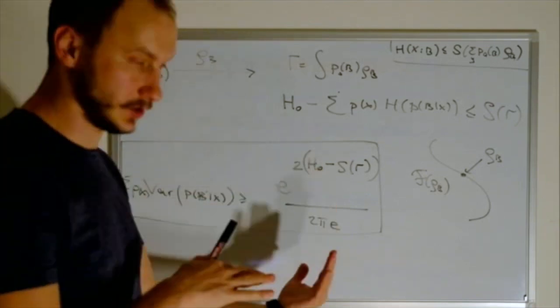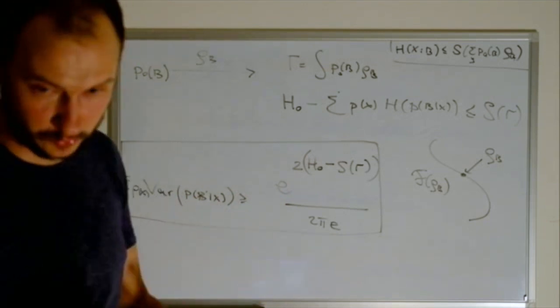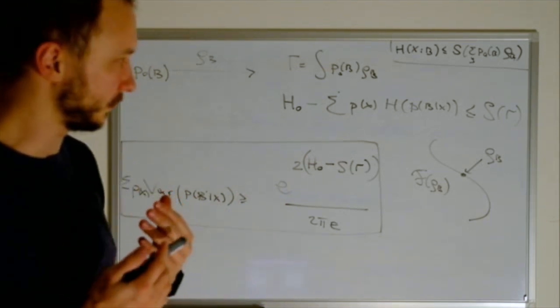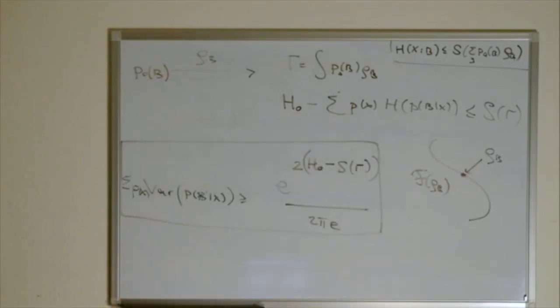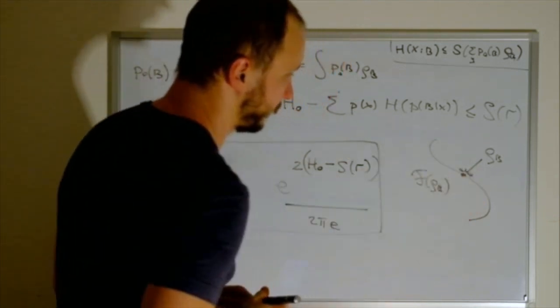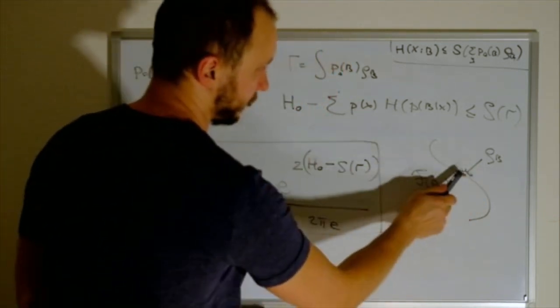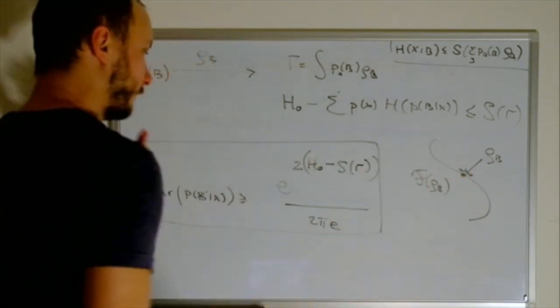So for Bayesian estimations, there are two different things which have to meet for the protocol to be good, or for the state to be a good probe state. First, a high sensitivity to small deviations, which gives us a high Fisher information, so that the fidelity moves fast when you move along the curve, basically everywhere.